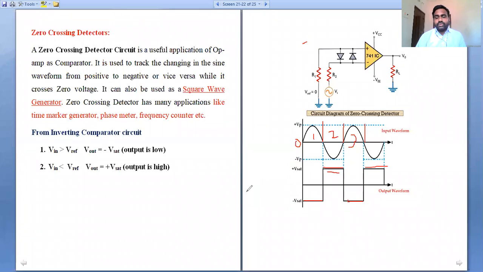That means at a particular zero crossing detector, the zero crossing detector produces positive and negative peaks at the time of crossing 0. The output magnitudes are changing at every instant of crossing 0.